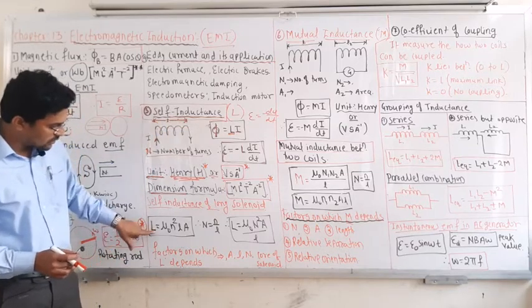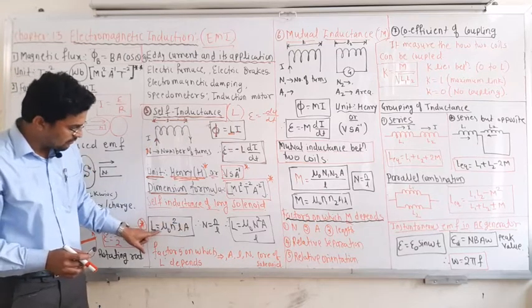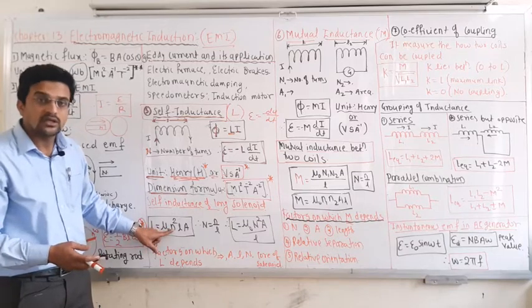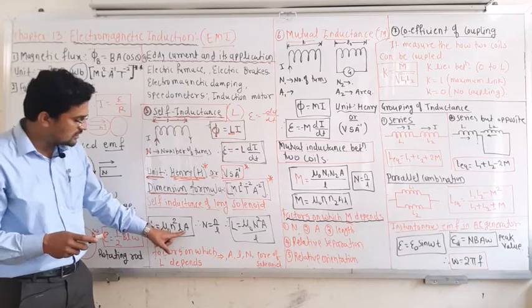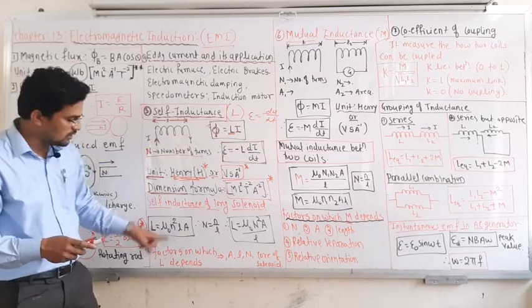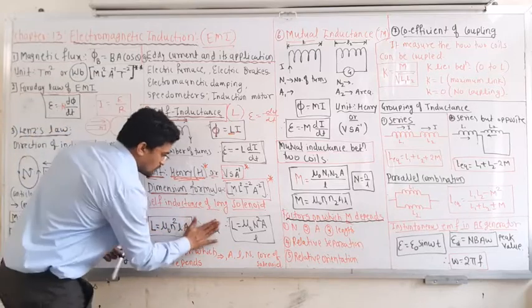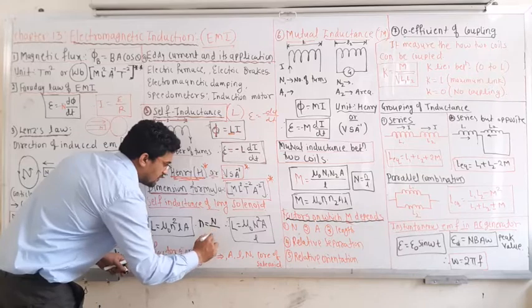So the equation is L is equal to mu naught n square multiplied by L A, where mu naught is the permeability of free space, n is the number of turns per unit length, L is the length, and A is the area of cross section. Note that this number of turns is not capital N, it is small n, which is equal to capital N divided by L.